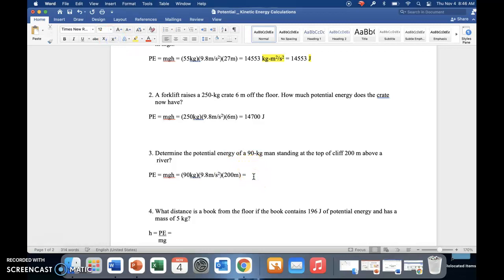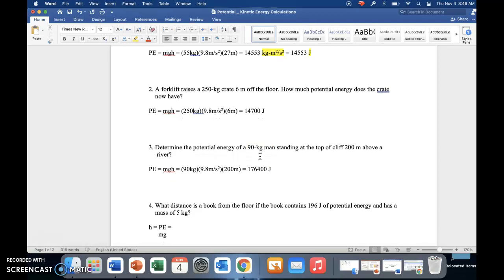I take my 90 times 9.8. Again, I'm simply going to multiply that by the 200 and I get 176,400. Okay, and again, since I'm doing energy, that is measured in joules.